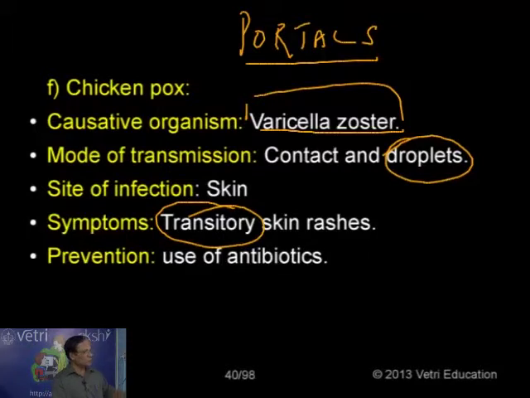That is why we have transitory skin rashes. From one stage to another, it passes on. So we have macule, papule, blisters. These are all the different stages. Finally, it forms a fluid-filled vesicle. That's why I'm using the word transitory skin rashes. Transitory means temporary. It is transferred from one form to another, as we have the different stages of formation of the rash.